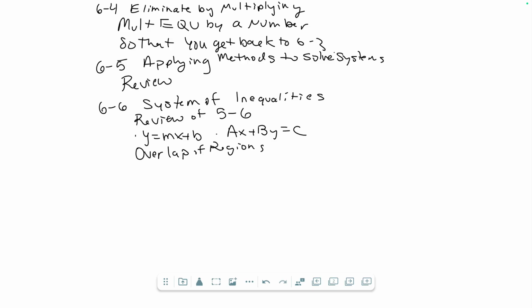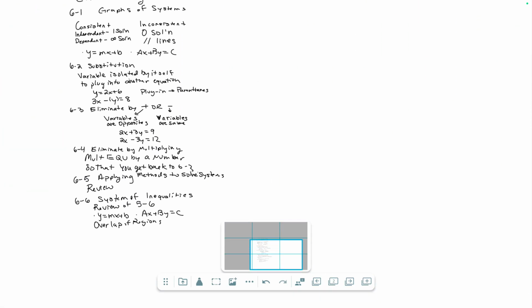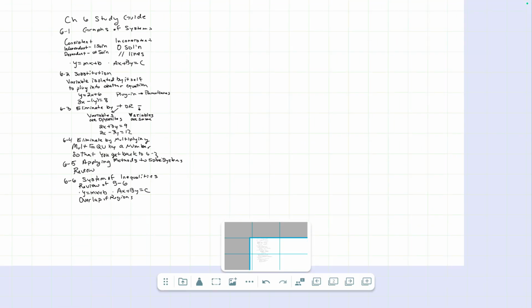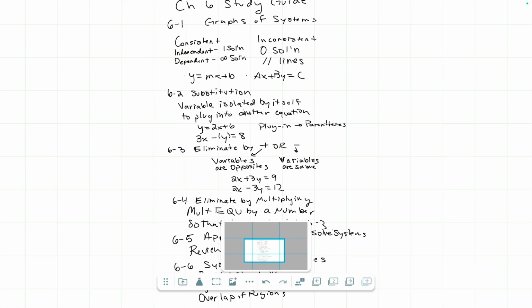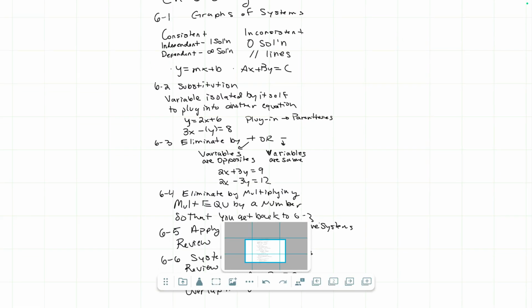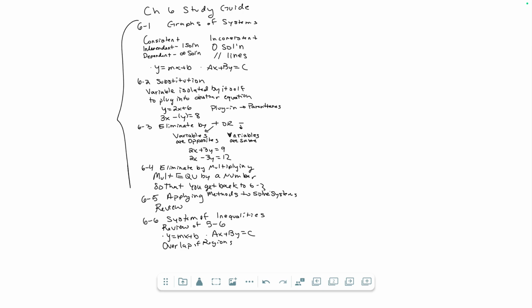Okay. Now, there are a few general statements that we can make before I give you the problems. Okay. The first thing that's important to remember, we alluded to this at the beginning. In these first 5 lessons, we need to remember that the solution is an intersection.